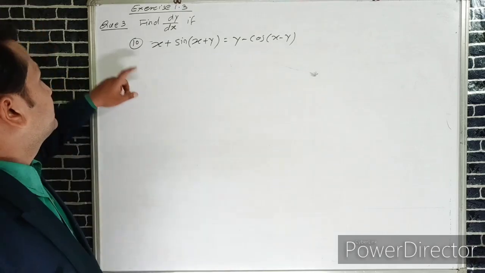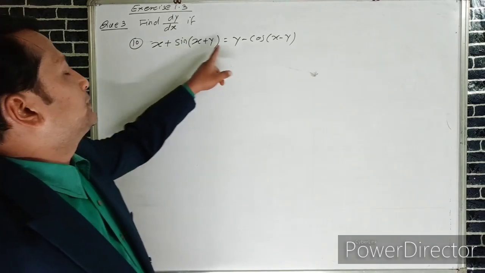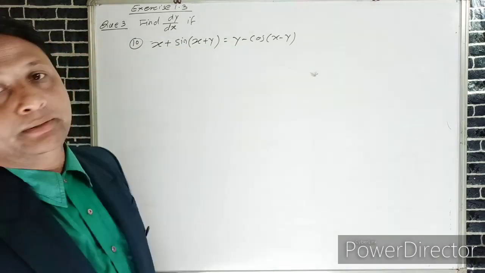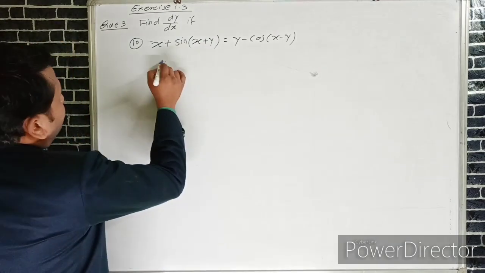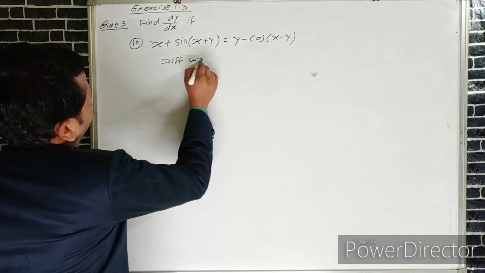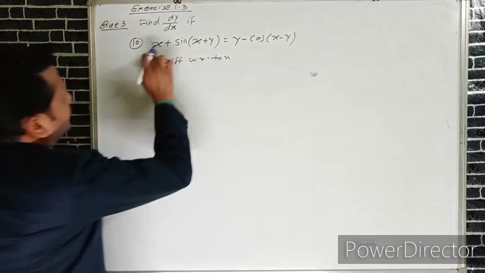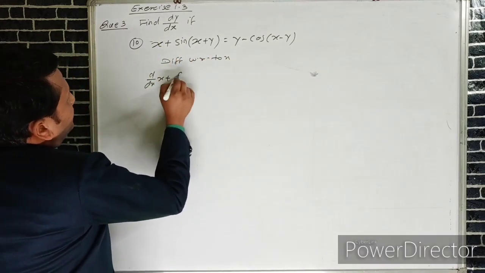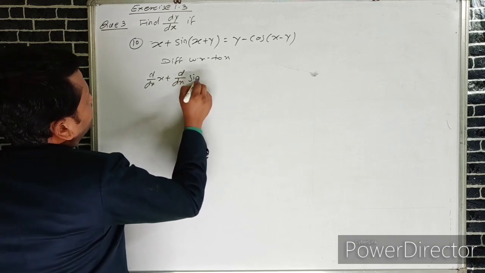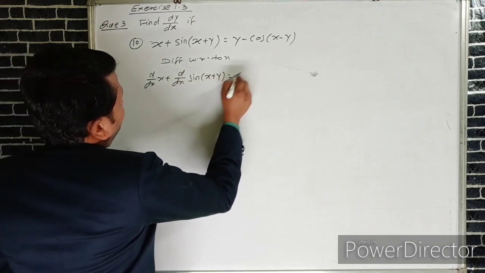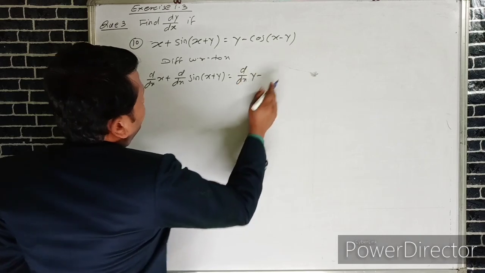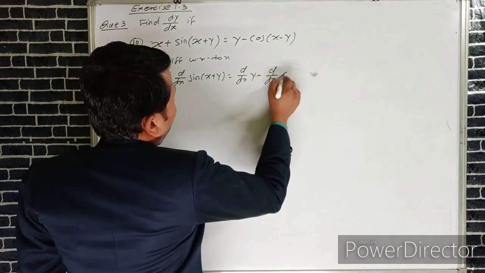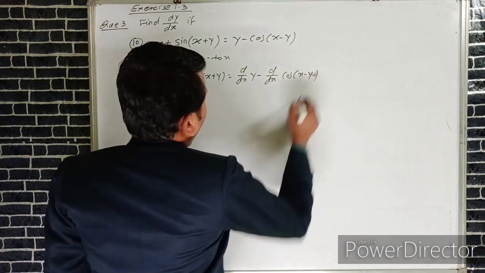Next one, x plus sin of x plus y is equal to y minus cos of x minus y. Again, if we differentiate with respect to x, then we can write derivative of x plus derivative of sin of x plus y, derivative of y minus derivative of cos of x minus y.